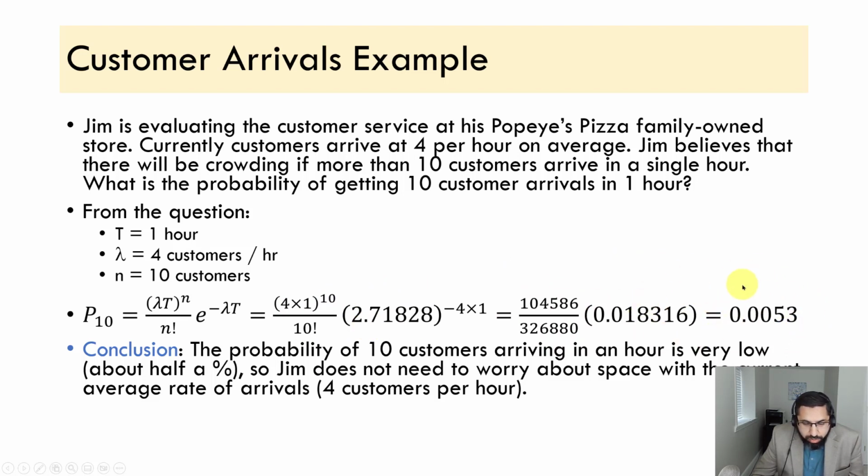That's a really small probability, less than 1%, because 0.01 is 1%. This is 0.005, even smaller, that 10 customers will arrive in an hour. So if we are worried about having space for 10 customers, we don't need to worry too much, because given an average of 4 arrivals per hour and our Poisson distribution, we don't really expect to have 10 customers arrive within the same hour at our pizza shop.